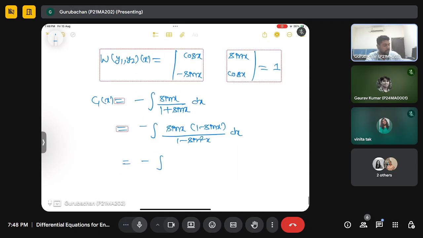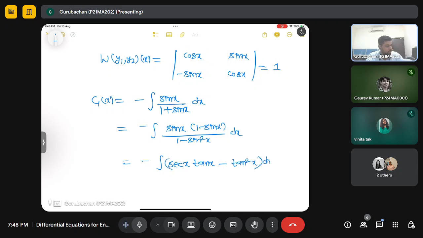This will give you cos square x, and sin x divided by cos x is nothing but tan x. So it will be secant x tan x minus tan square x.